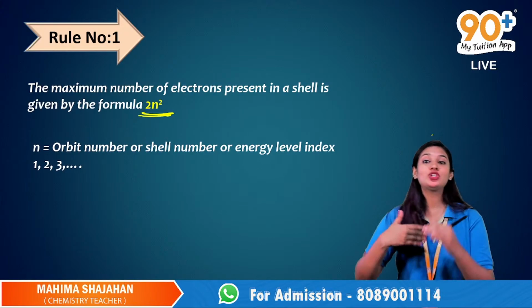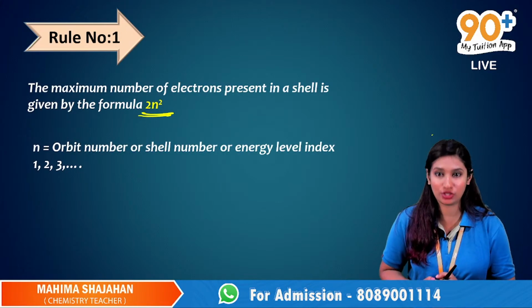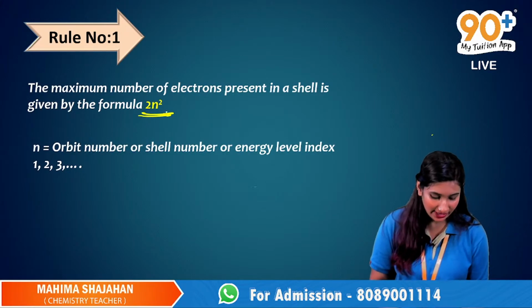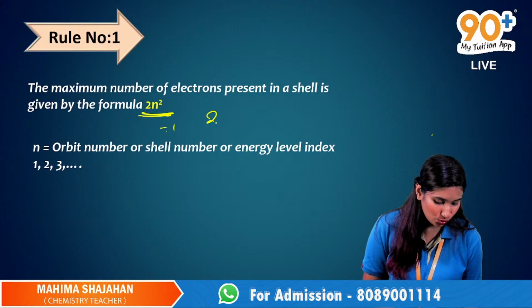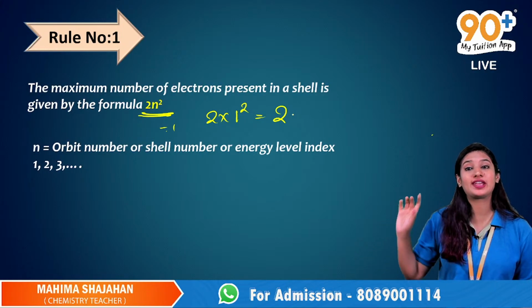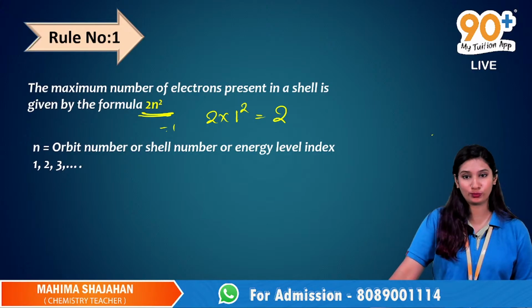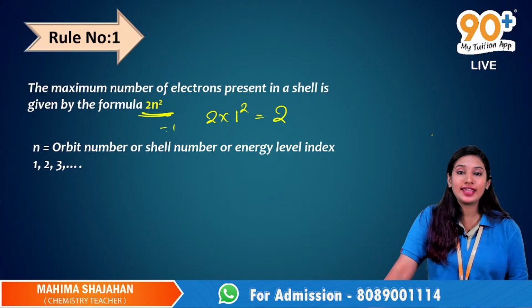When you substitute the values, for the K shell, which is our first shell, n will be 1. So 2 into 1 square, that is 2. So the maximum electrons that can be accommodated in our first shell, the K shell, will be 2. Now, what about the second shell?